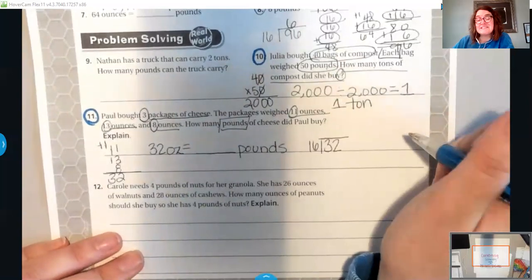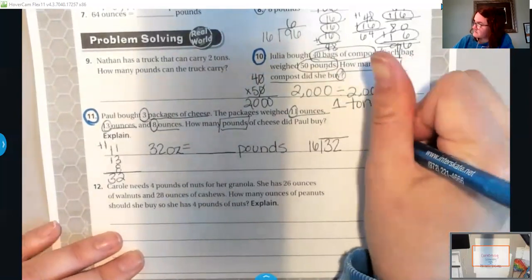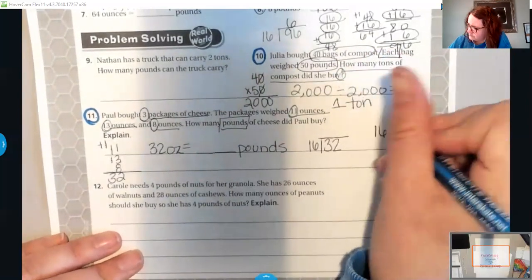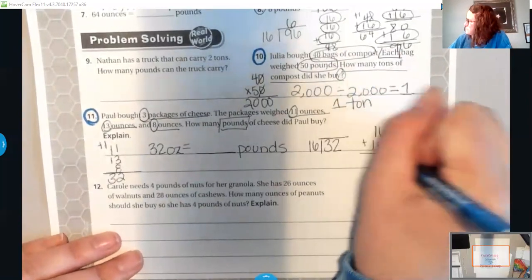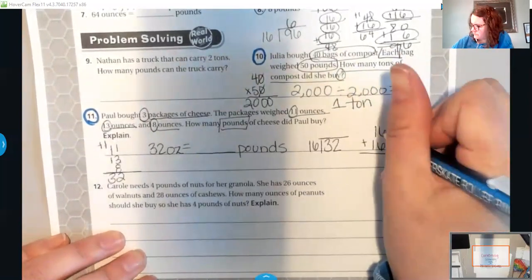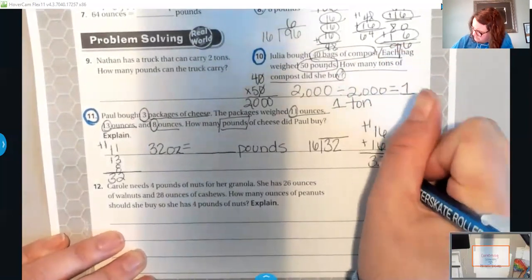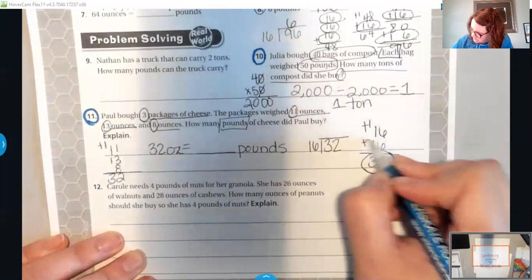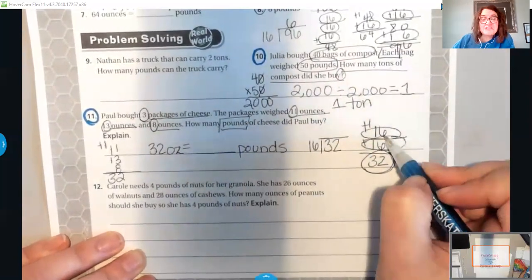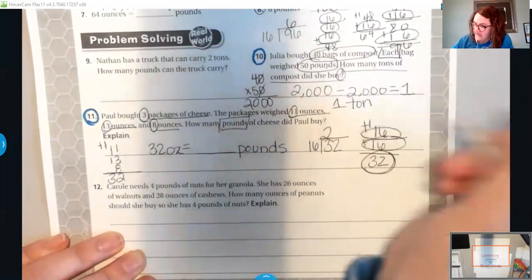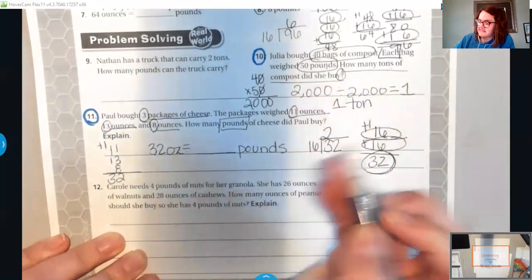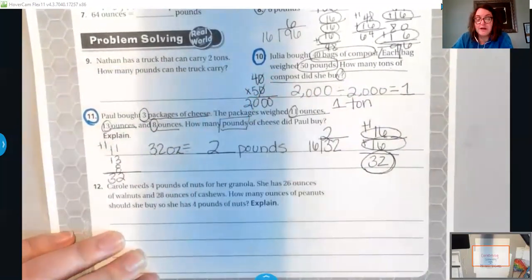Let's do our quick and easy way of repeated addition with this. It only took us twice to get there. Therefore, 32 ounces equals 2 pounds.